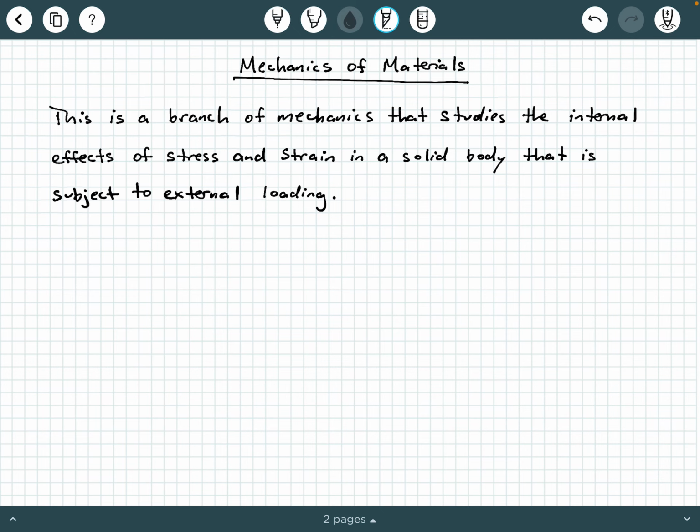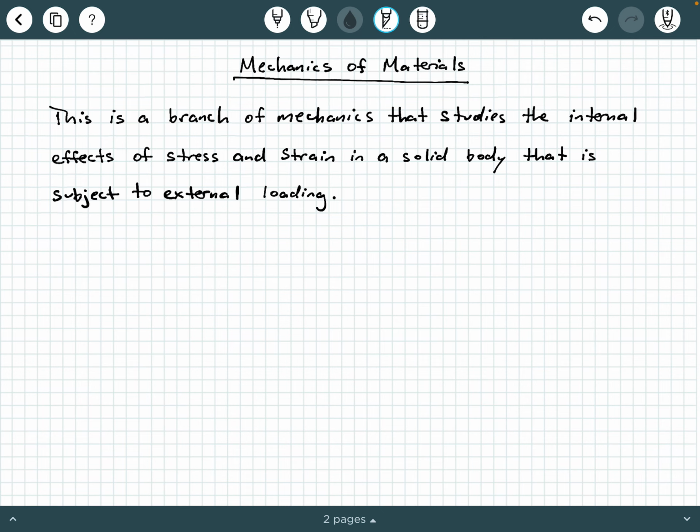Well, as we've already written down here, this is a branch of mechanics that studies the internal effects of stress and strain in a solid body that is subject to external loading. Okay, so when we say it's a branch of mechanics, it's in the same family of material as other subjects like statics and dynamics.